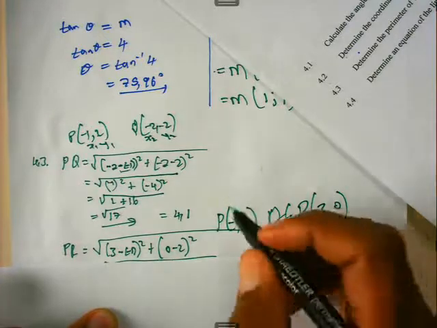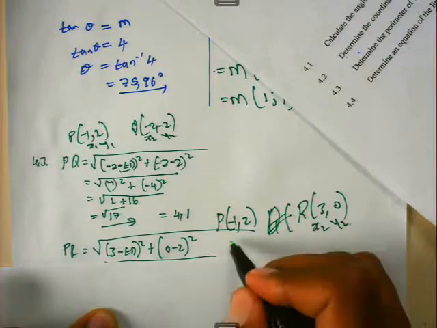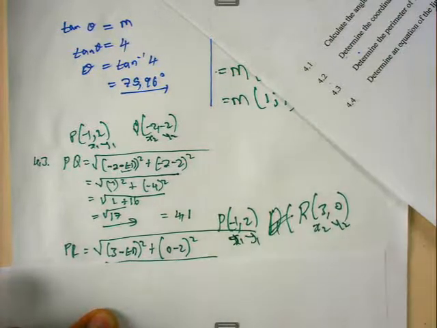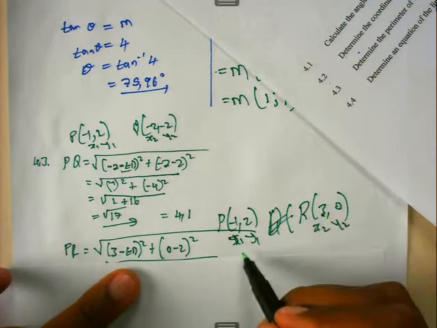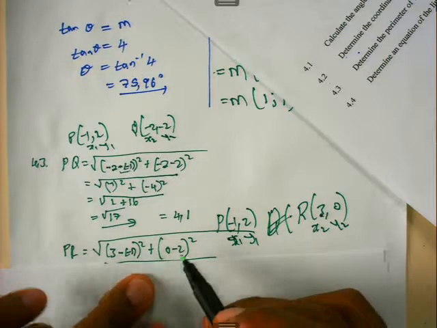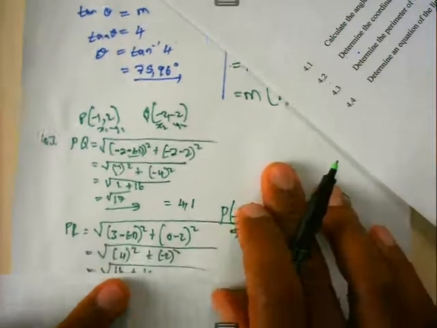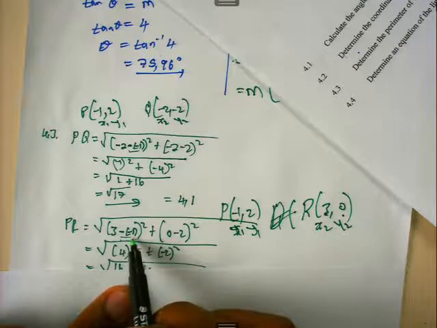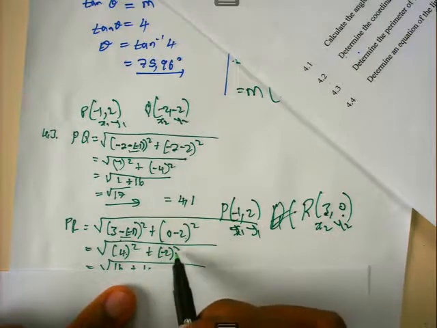Right, and now we have x2, y2, and we also have x1 and y1. Then we have 3 minus 1. Of course, it's correct. We square it. And now plus 0 minus 2. Then from here you can see 3 minus 1 is going to be positive 1. Then 3 plus 1 is 4. And 0 minus 2, that will be minus 2 squared.